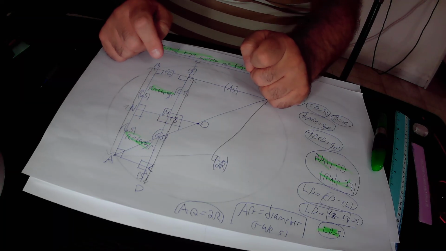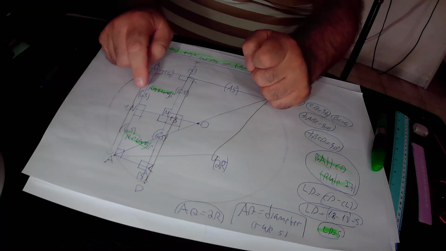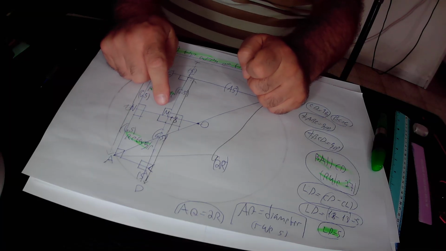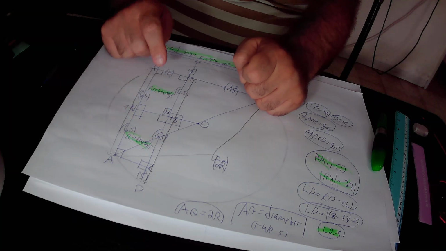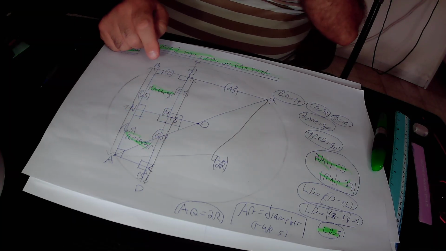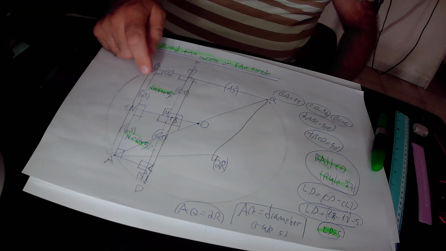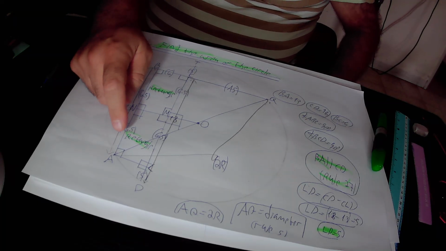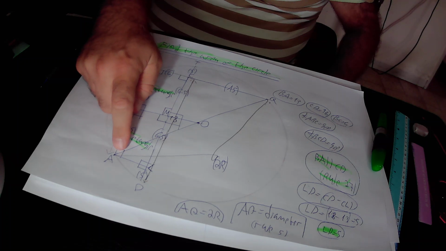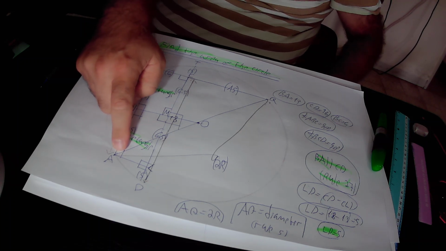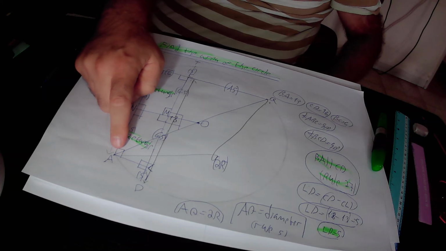So in quadrilateral MNAL, we have 1, 2, 3 right angles. The sum of 3 right angles is 270 degrees. So 270 degrees plus the size of this fourth angle, in total they must be equal to 360 degrees according to the rule that the sum of the angles in any quadrilateral is 360 degrees.